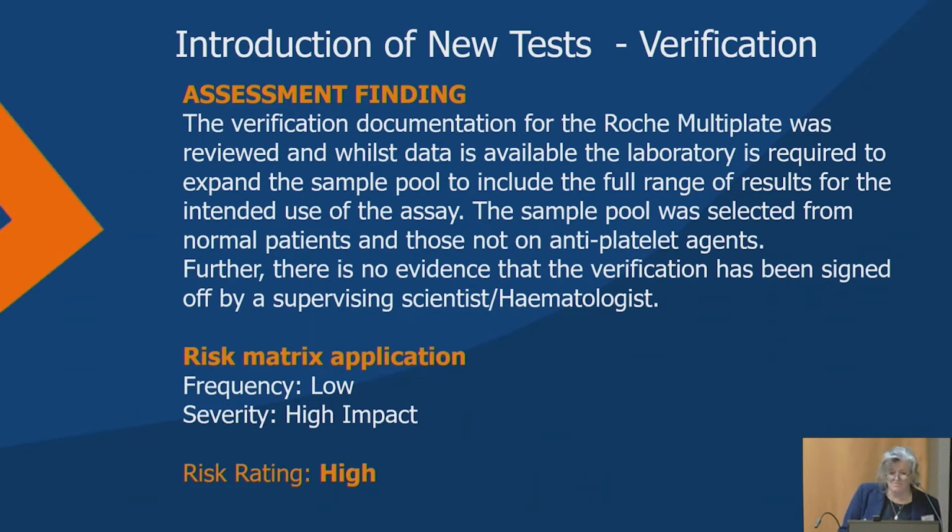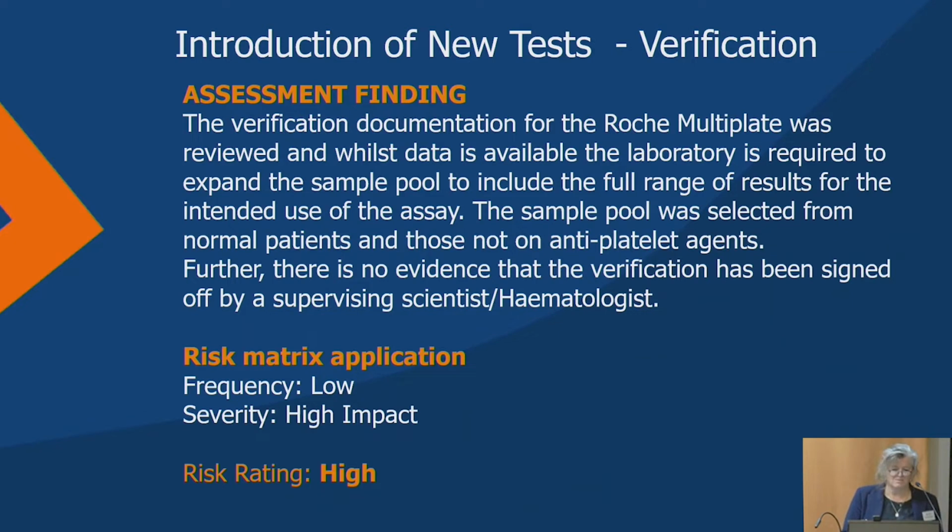Whereas this one is a higher risk one. The Roche multiplate was reviewed, and there was data, but the lab had to expand the sample blood to include the full range of results for the intended use of the assay. So they'd done a little bit of verification, but they'd not actually done the whole range of results that they could possibly be getting.